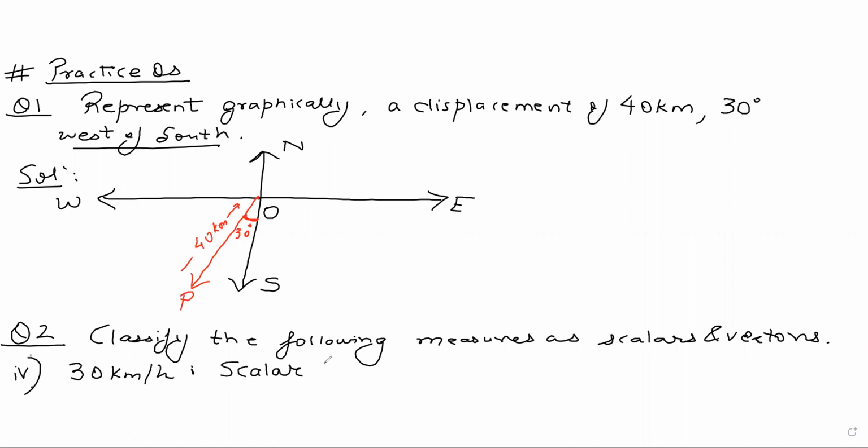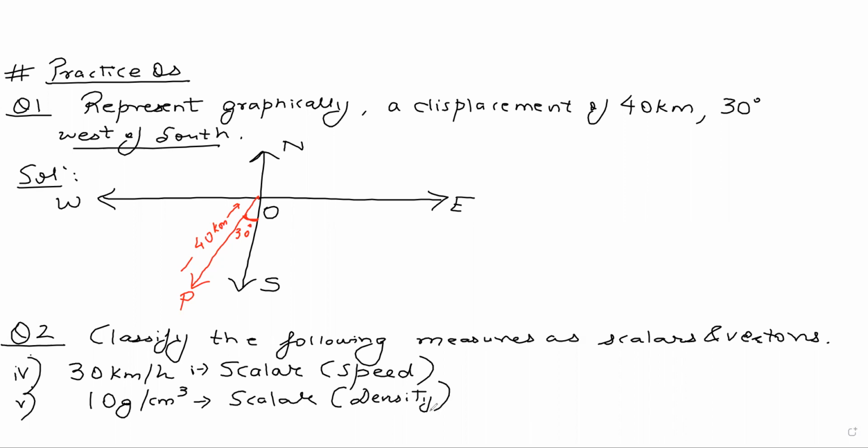So it's a scalar of speed. Then we have 10 grams per centimeter cube. Okay, this is again a scalar because there is no direction here. It's a scalar of density.